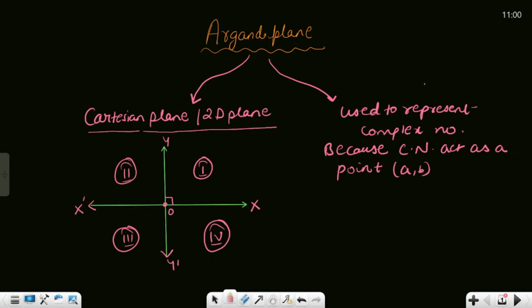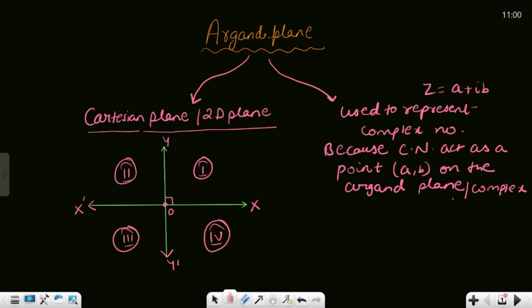I am just considering any complex number z is equal to a plus iota b. So it will act as a point a comma b on the Argand plane, or the complex plane.